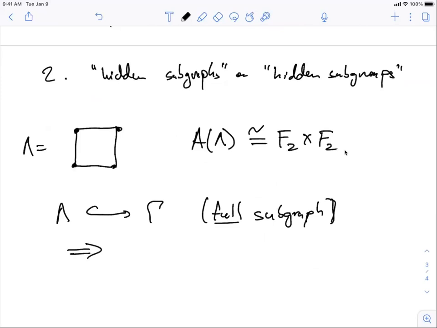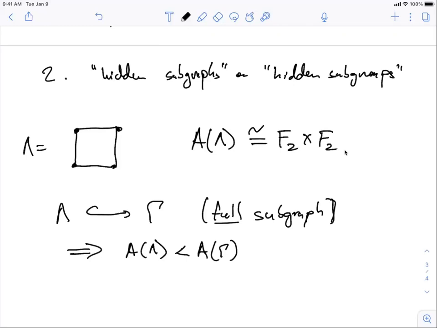Then if lambda is a full subgraph of gamma, then A of lambda is a subgroup of A of gamma by the map induced by the inclusion of graphs.